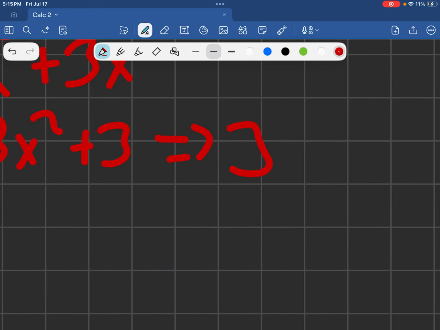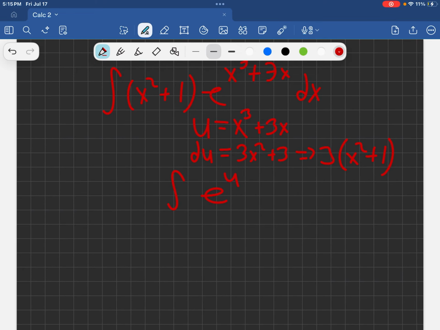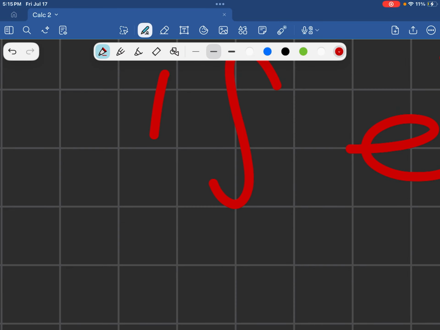Actually, this is equal to this. And then we take a 3 out of this, and we have x squared plus 1. So we know that x squared plus 1 is 3 times what we have there, so we need a 1/3 out front to account for that.